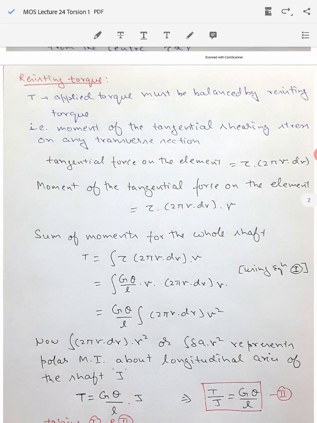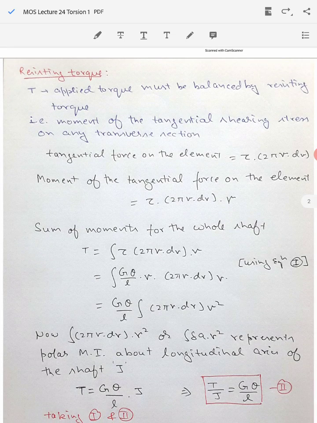Now let's try to work out the relation of the other part, which is related to the resisting torque. T is the applied torque, so this applied torque must be balanced by a resisting torque. What is that balancing torque, where is it coming from? It is coming because of the stresses that are being produced here.